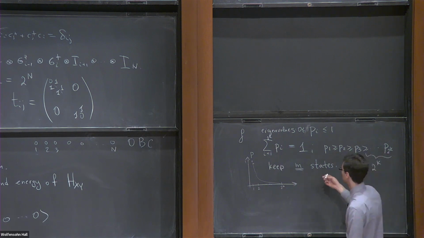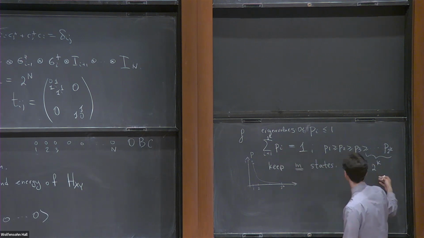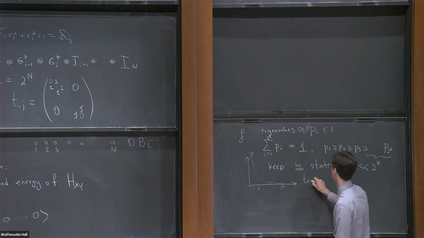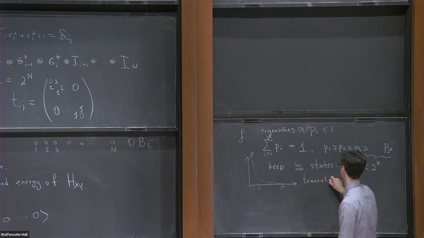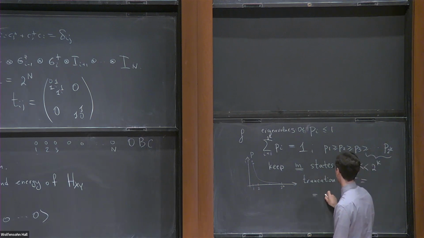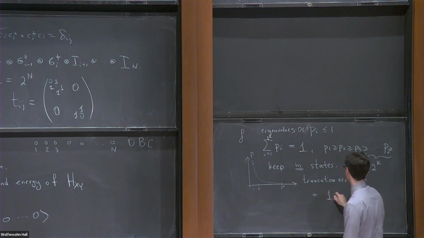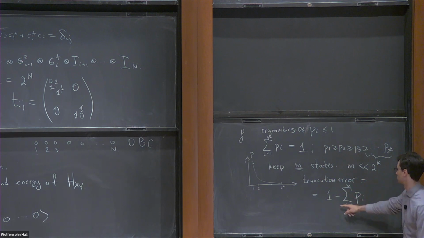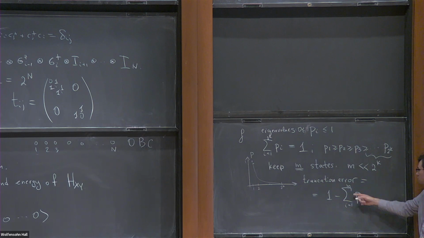By truncating the states, we can estimate the error. This is called truncation error. Truncation error is essentially 1 minus the sum of the probabilities we keep, from i to m, or equivalently the sum of all probabilities we throw away.